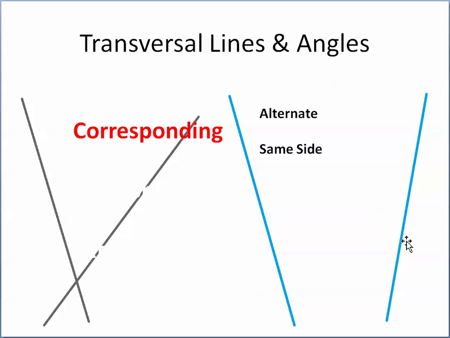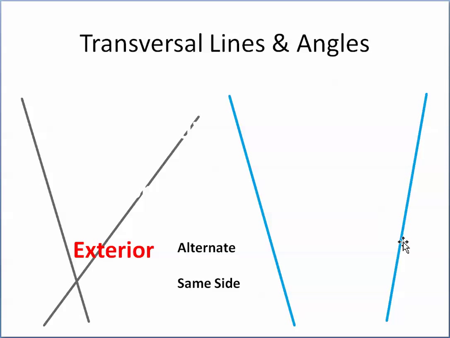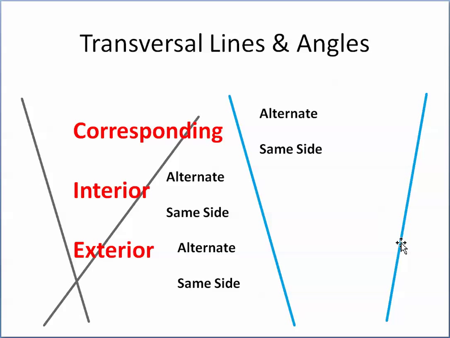Notice that they're the same two flavors as the corresponding. And then we have the exterior angles, the angles on the outside, and they also come in the same two flavors, alternate and same side. So you see, we really only have three angle types, and each one of those angle types comes in two separate flavors, which happen to all be the same, and that will be explained and pointed out to you.